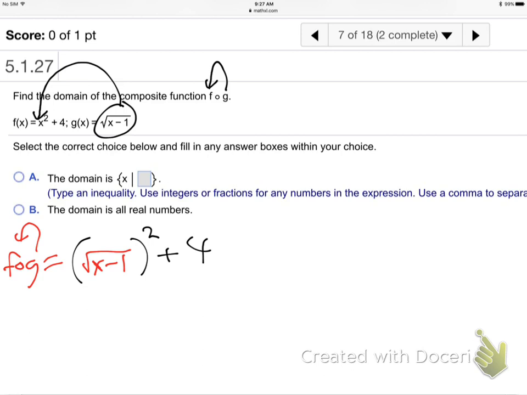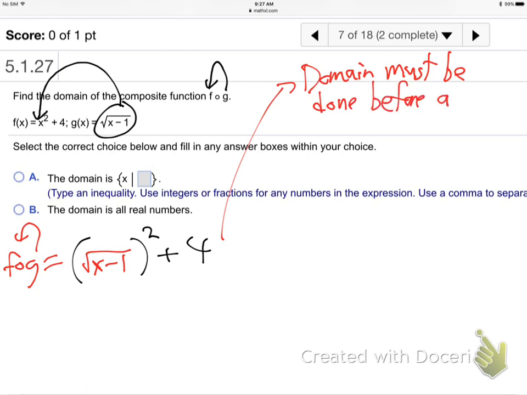Now, there's something I need to mention. That is this. Domain must be done before any simplification. In other words, if you went on to simplify this, and in a minute they're going to have us simplify, this one they don't even care, this square would cancel this root, wouldn't it?